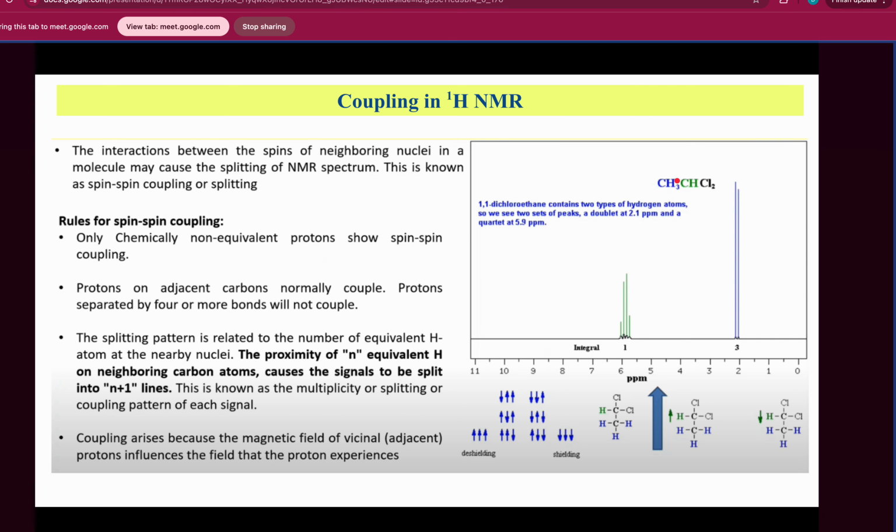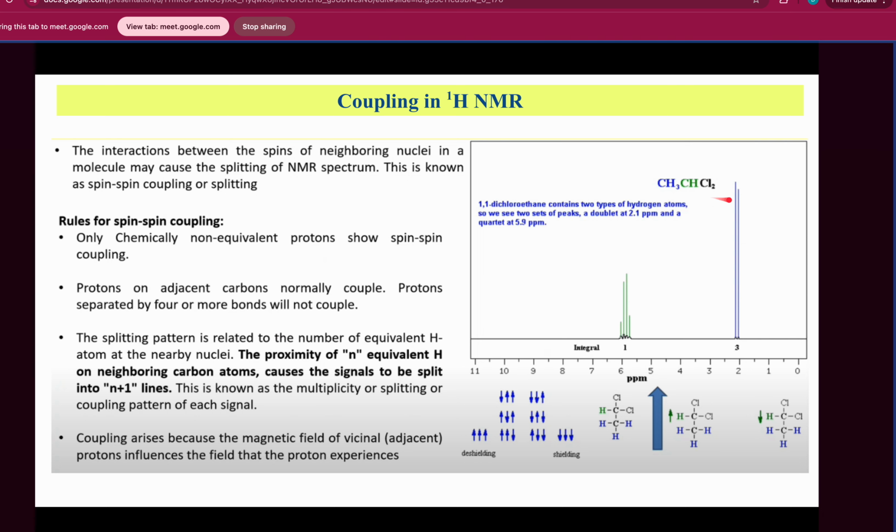Now we look at the methyl group. It has three hydrogens. There will be spin-spin coupling between the proton of CH and CH3. There are three protons on the neighboring carbon, so the splitting will be n plus 1, that is, the number of neighboring protons plus 1. So the green hydrogen has splitting of n plus 1, that is 4, so we will see four different peaks for this signal.